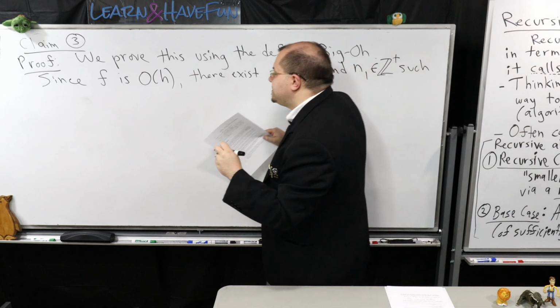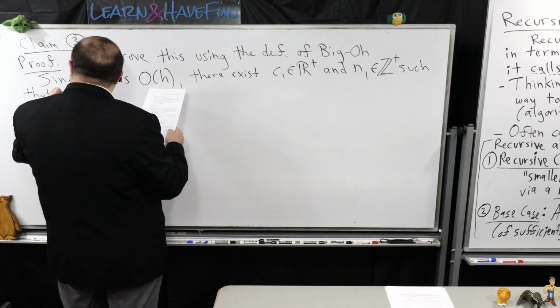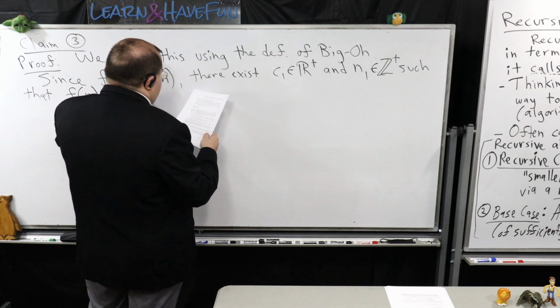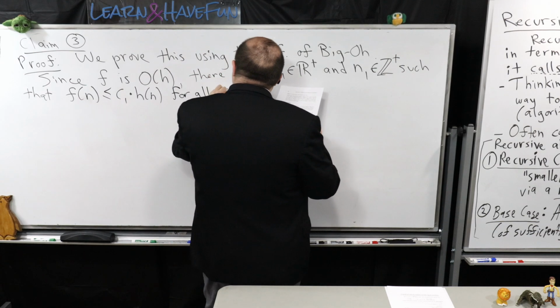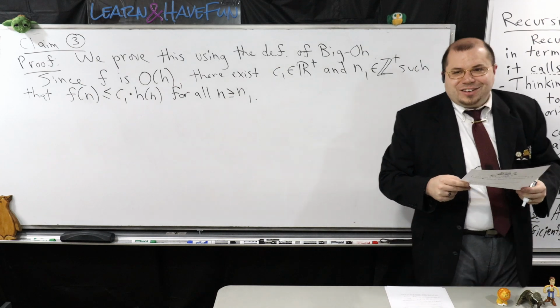Such that F of n is less than or equal to C1 times H of n for all n greater or equal to N1. That's what F is big O of H means.